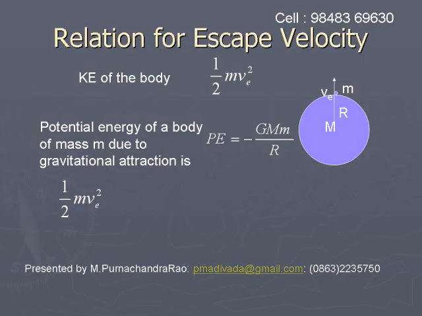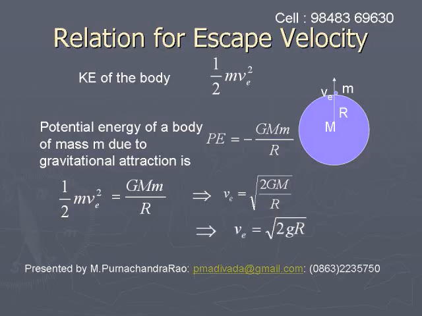Hence, half m v square is equal to GMm by R, which implies v is equal to square root of 2GM by R, which implies v is equal to square root of 2gR.